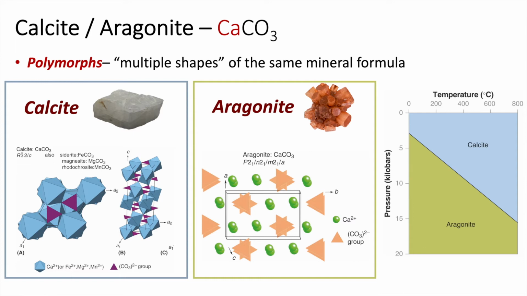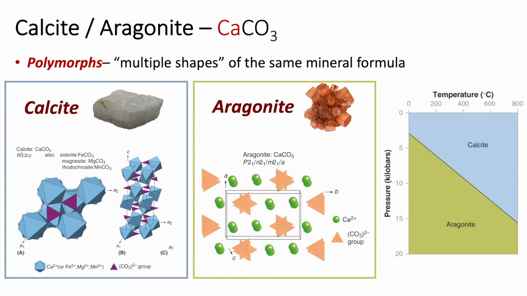And because us here on the Earth are existing at basically 0 degrees C and 0 kilobars of pressure, we exist in this stable calcite phase. That's why calcite is so much more common than aragonite: if you have a bunch of calcium and carbon and oxygen crystallizing together at the Earth's surface, you're going to form calcite.